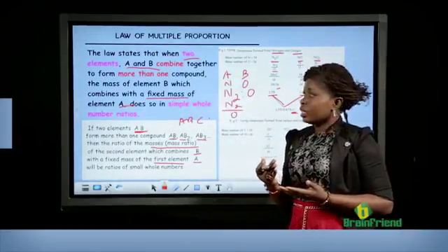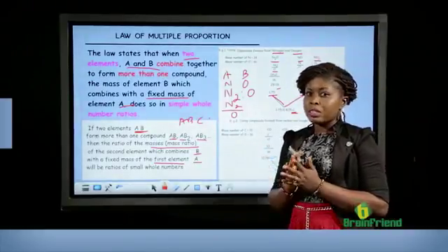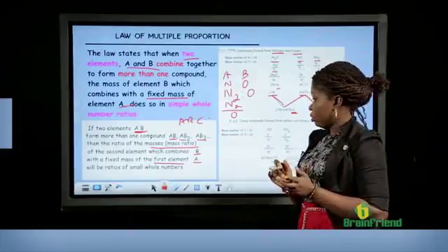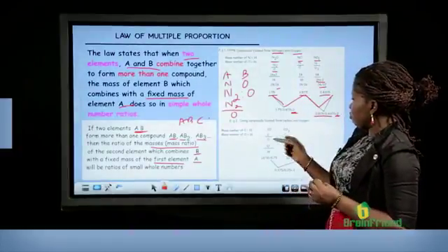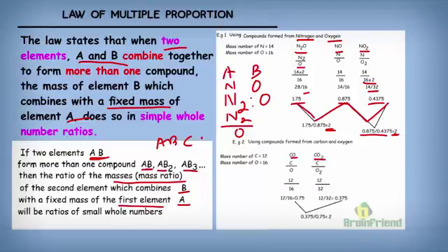But remember, it's talking about compounds of the same elements. Okay? Here as well, we have carbon and oxygen forming carbon monoxide and carbon dioxide. If we go through the same process, we'll see that carbon monoxide and carbon dioxide are present in simple whole number ratios.